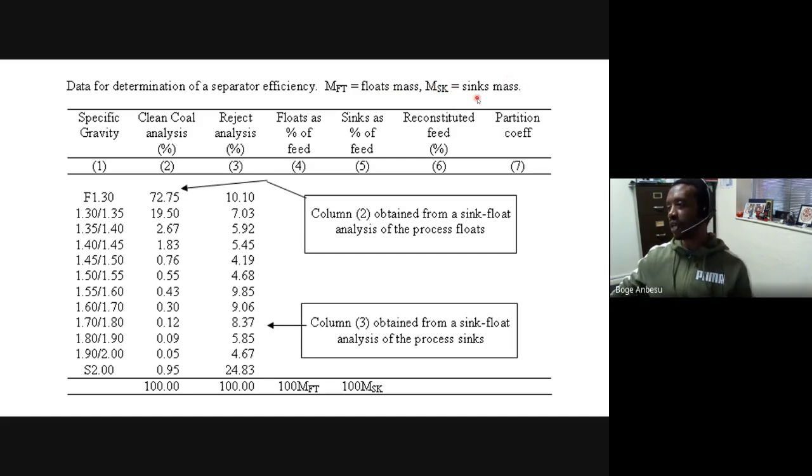If we add this one with this one, you get the feed, and then the partition curve can simply be obtained by, for example, dividing the floats by the feed or the sinks by the feed. Again, if you remember for the hydrocyclone, we did underflow to the feed, and we constructed the partition curve based on that as well.